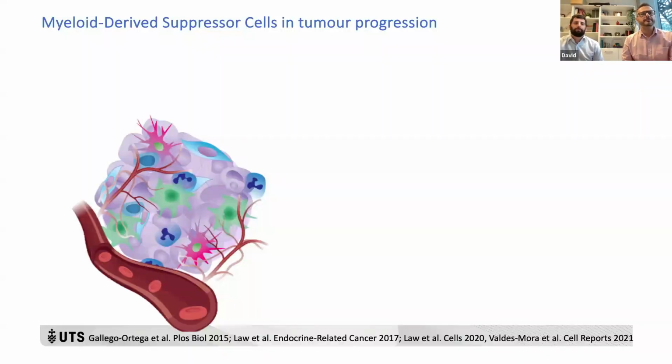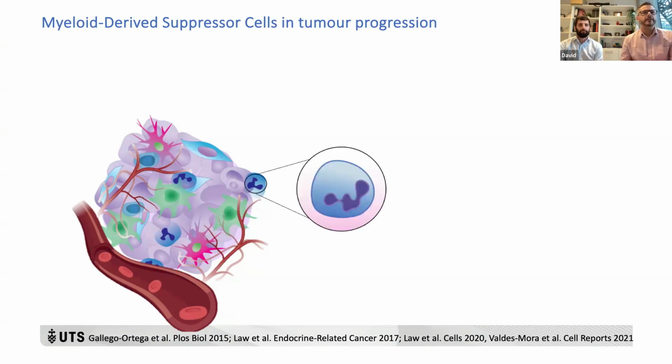Okay, so of course, this talk is about a kind of cell called myeloid-derived suppressor cells. But this comes from the fact that, as you all know, the tumor microenvironment is a quite relevant compartment for the initiation and the progression of cancer, and of course in breast cancer as well, and is critical for the development of metastatic disease.